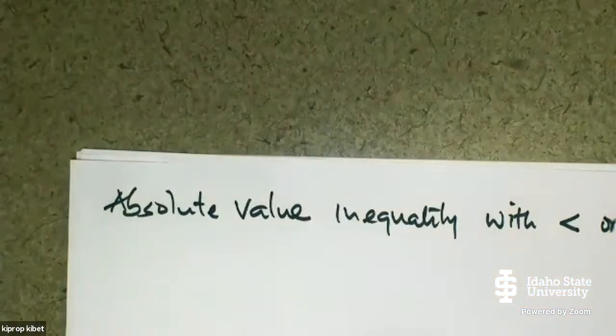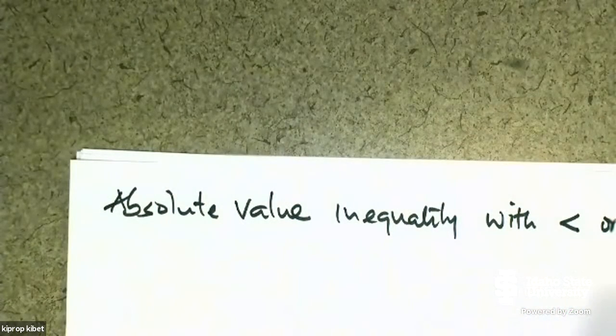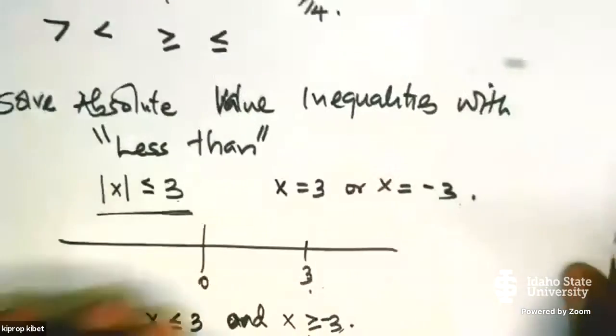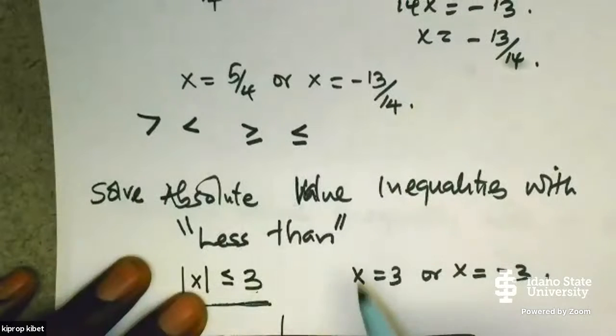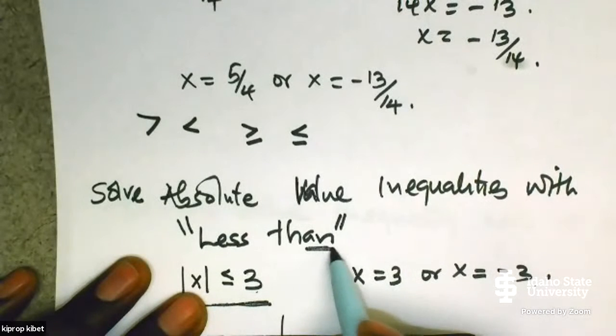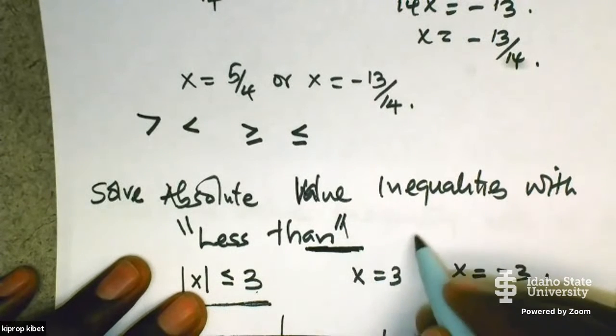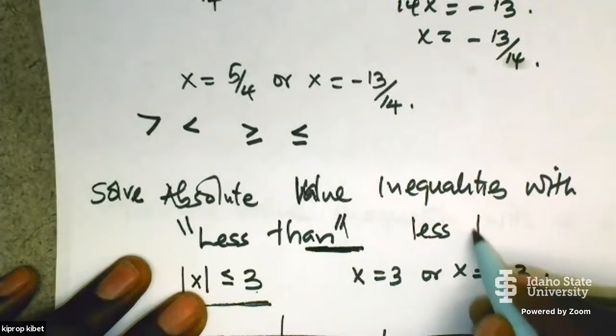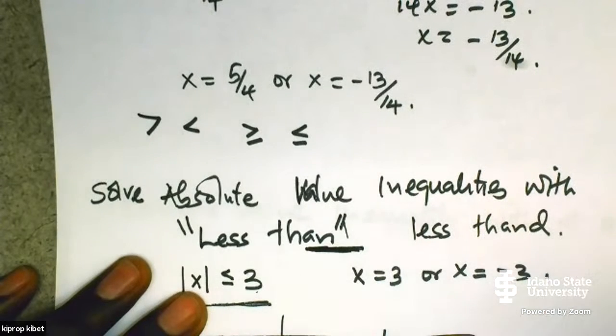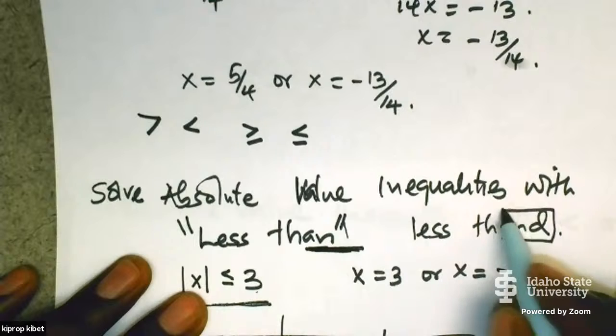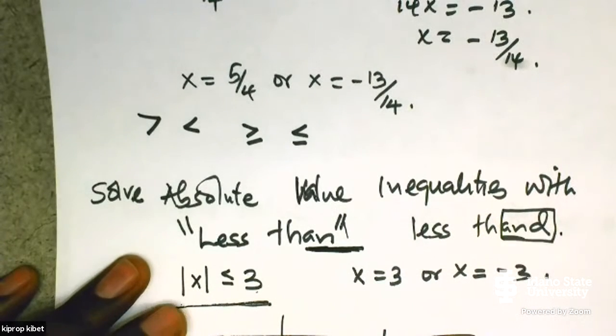If we have the inequality of less than or less or equals to, then I usually use this, and I just put the "and" here. So that one is and.